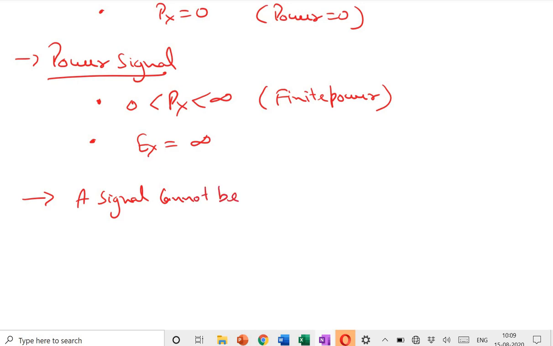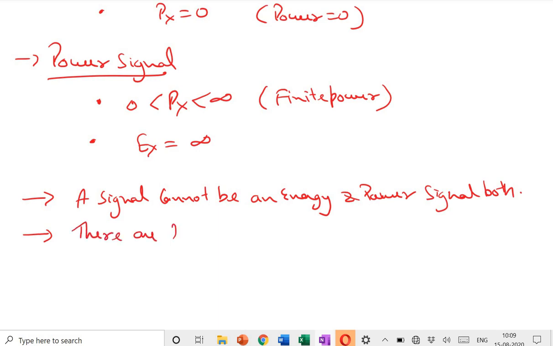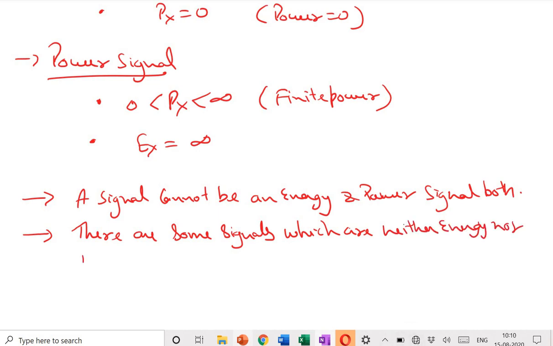And on the other hand, there are some signals which are neither energy nor power signals.